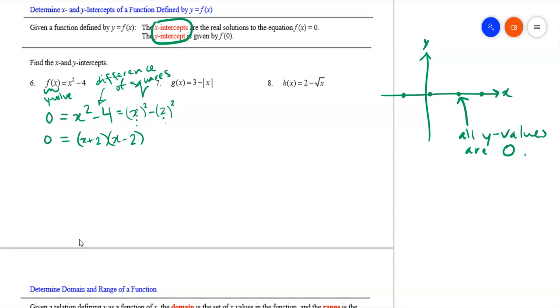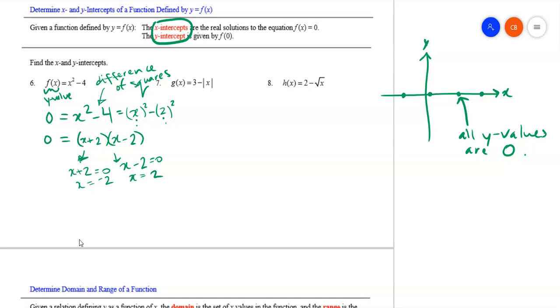That's a really nice one, and then here we can split this up into two different equations. We can make it go x plus 2 is 0, and also x minus 2 is 0. So then x is negative 2, or else x is 2. And we will end up getting two different x-intercepts, 2 and negative 2.